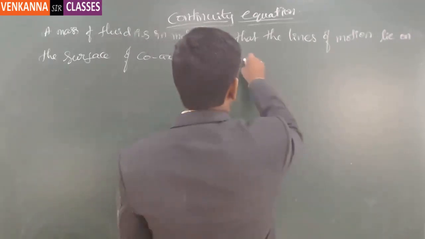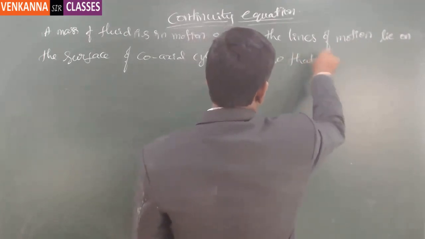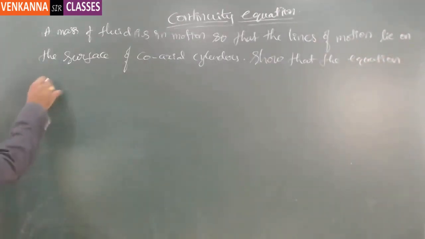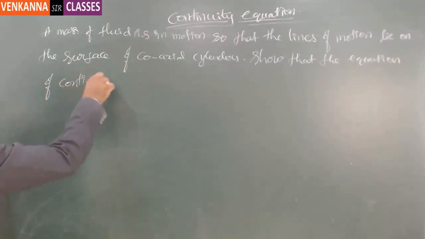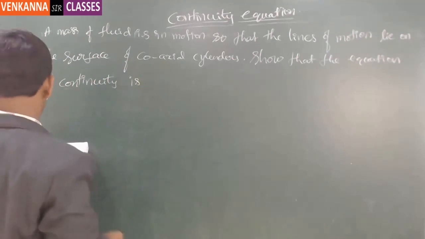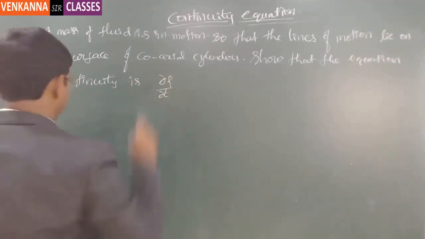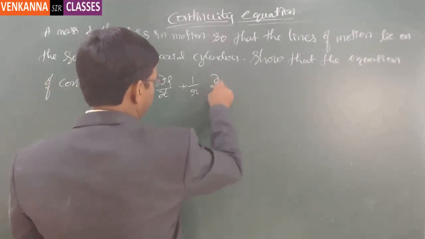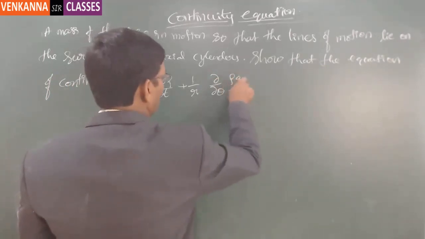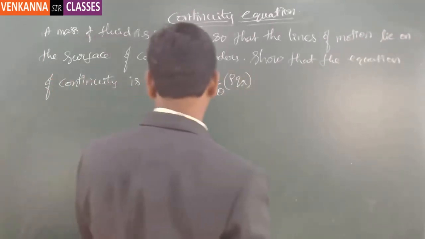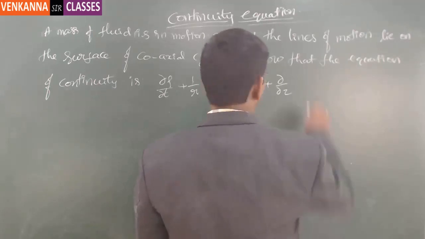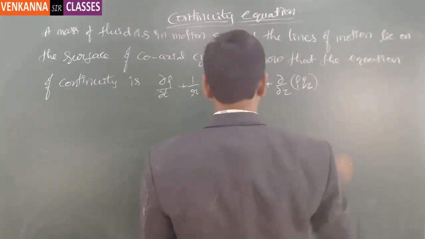Show that the equation of continuity is dou rho by dou t plus 1 by r dou by dou theta of rho into qr plus dou by dou z of rho into qz is equal to 0.